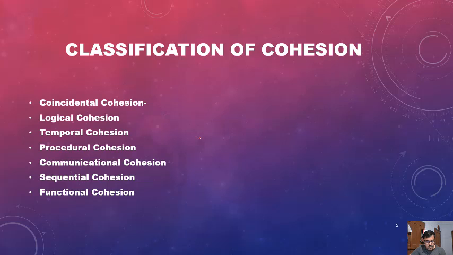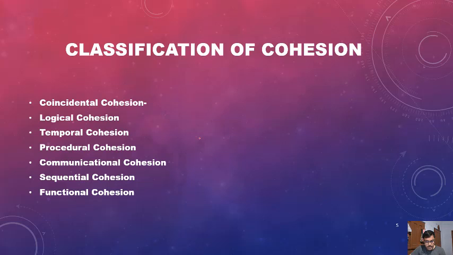The cohesiveness of a module is the degree to which the different functions of the module cooperate to work towards a single objective. Different modules of a design can possess different degrees of cohesion. The cohesiveness increases from coincidental to functional cohesion.